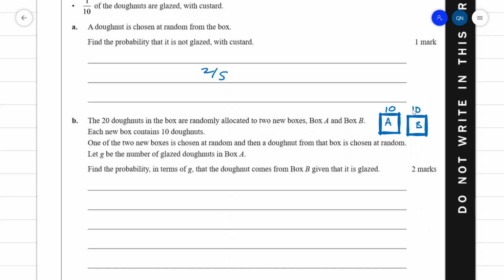One of the two new boxes is chosen at random. Then a donut from that box is chosen at random. Let G be the number of glazed donuts in A. So in box A, there's 10 donuts in total, and within that 10, there's G glazed. That's not how you spell glazed, it's a Z. So there's G glazed, and also inside of box A there should be 10 minus G that's not glazed.